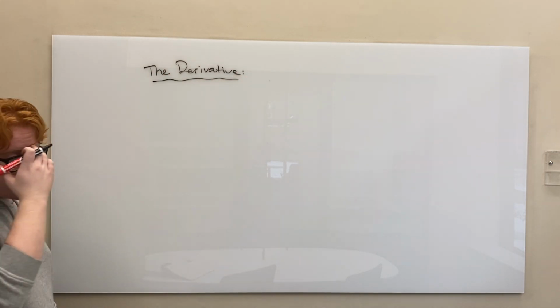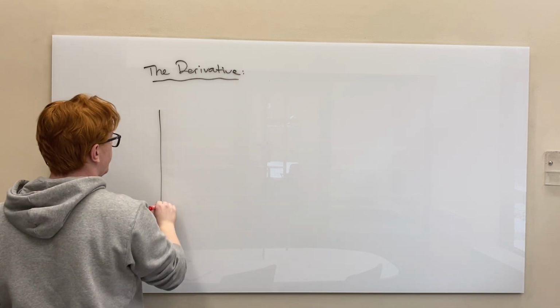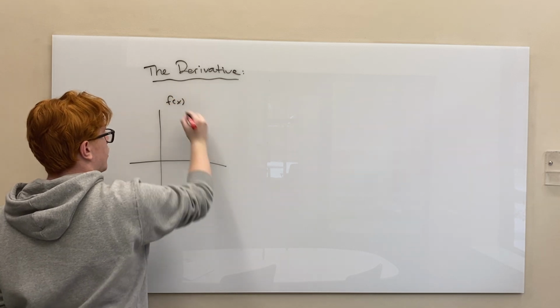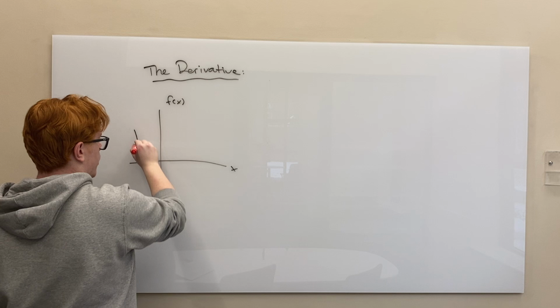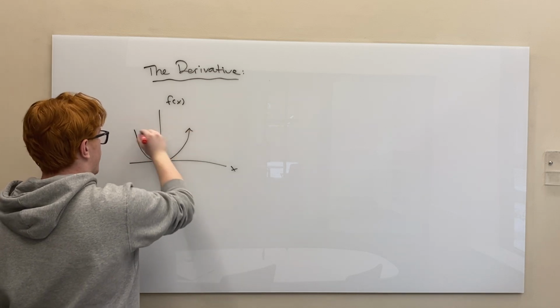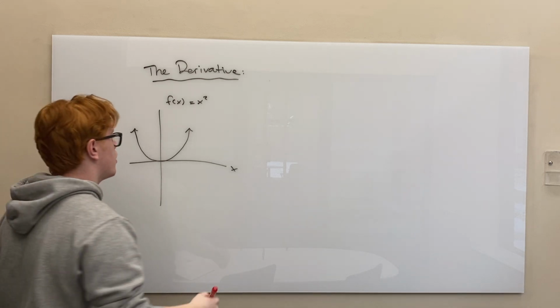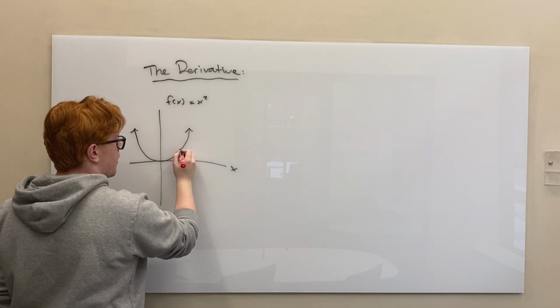So first we want to understand what the derivative is. If you have some function, say f of x, we'll take a basic one, like f of x is equal to x squared. It can be any function, well, not just any function, but we'll cover that in a second.